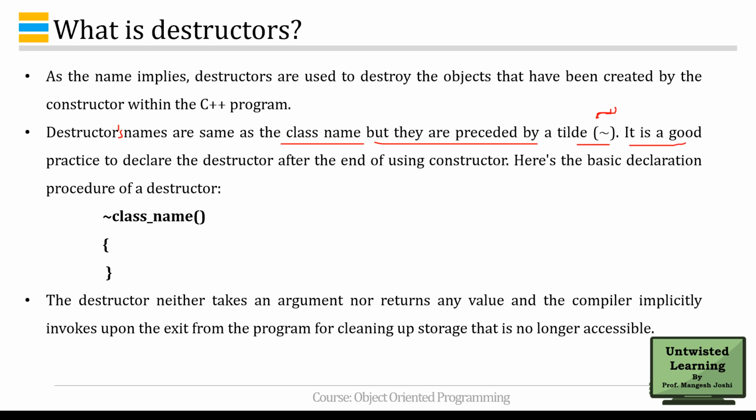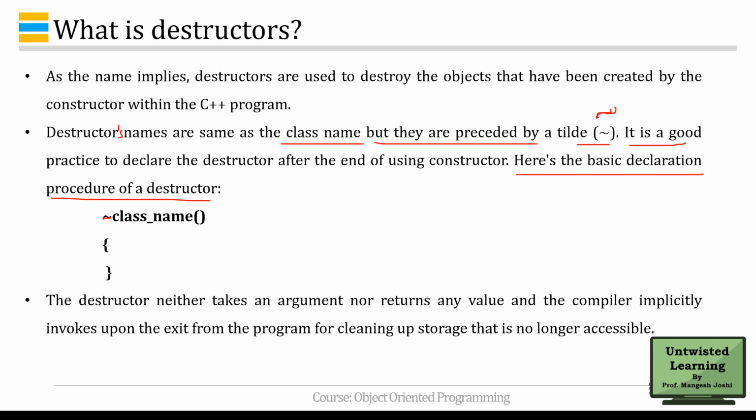It is good practice to declare a destructor after using a constructor. Here is the basic declaration procedure. You write the class name, give the tilde operator before it, and there is no need to write anything inside. In this way you can create the destructor.